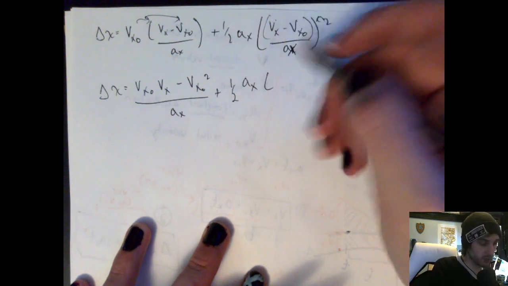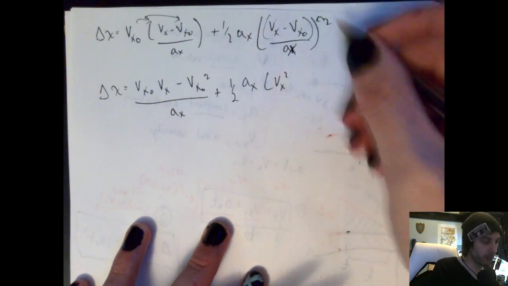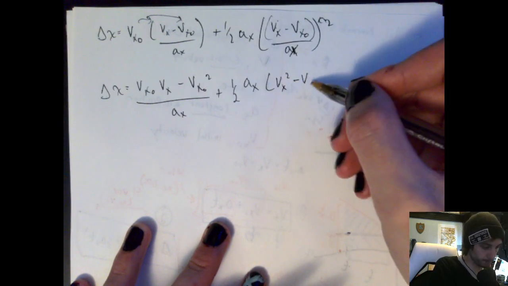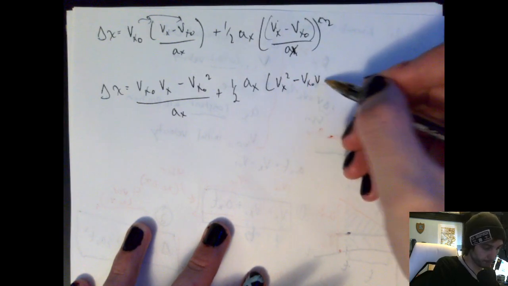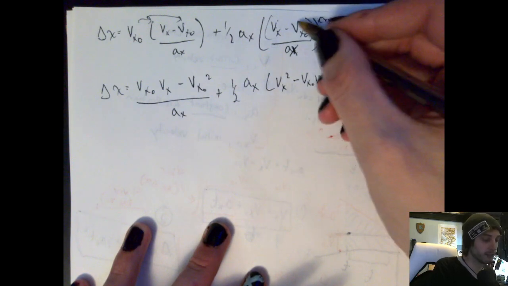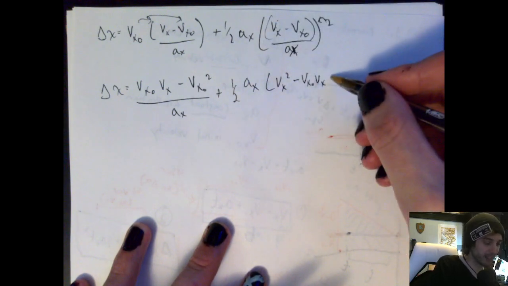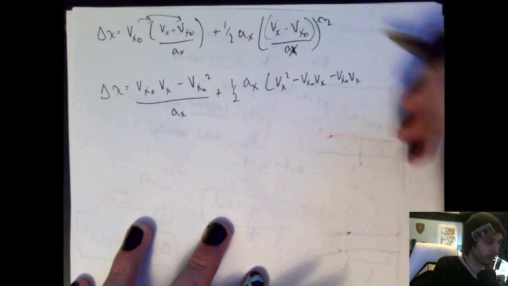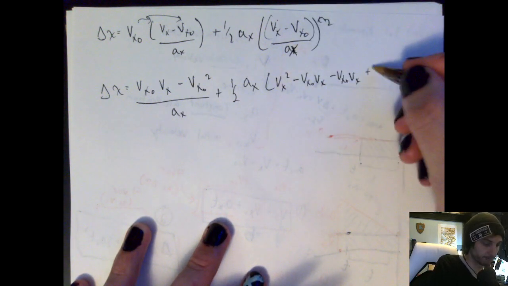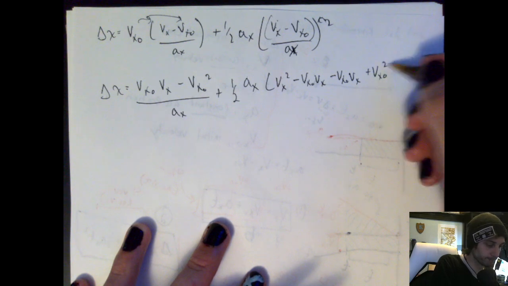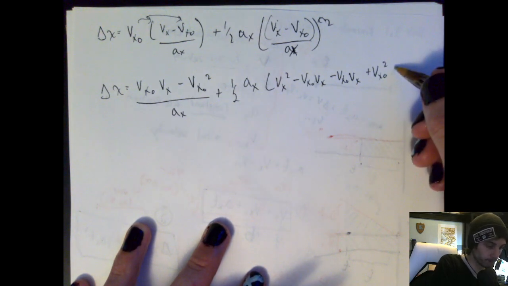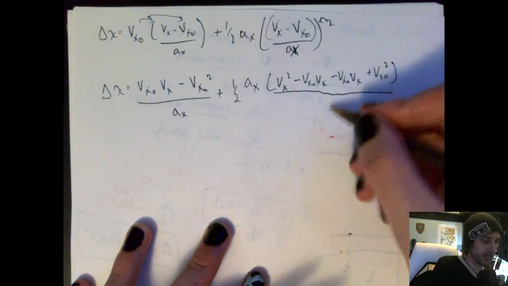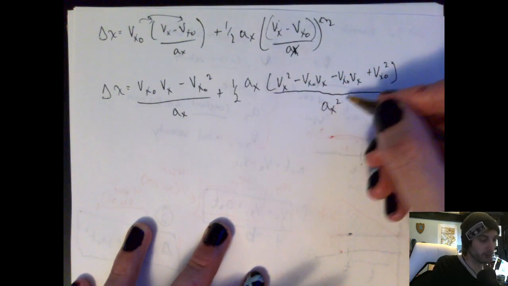That's going to be Vx squared, then Vx times negative Vx naught, then Vx naught times negative Vx naught times Vx, then Vx naught squared. And that's all going to be divided by Ax squared because that's also getting squared.